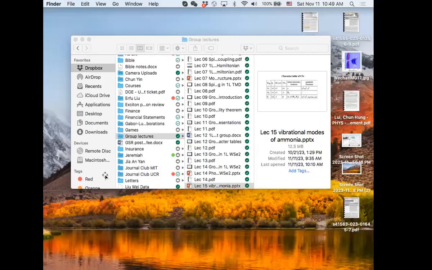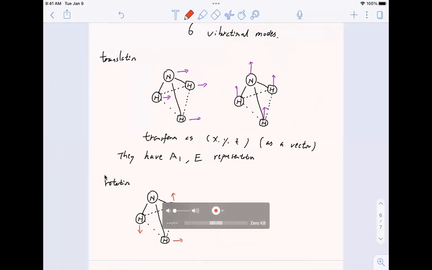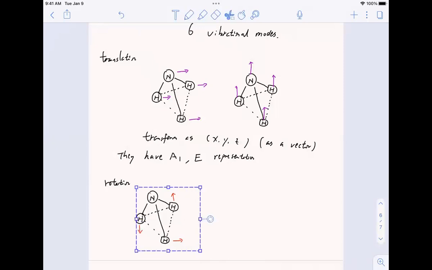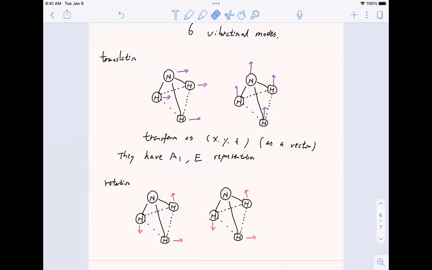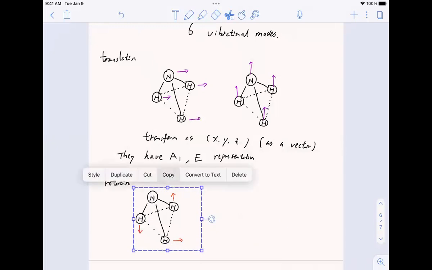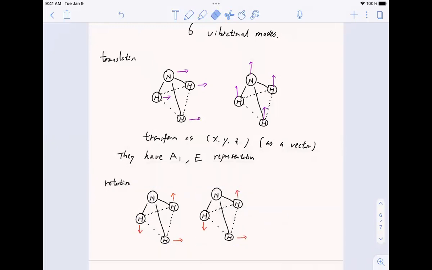Is it okay? You can have different modes. So you can have a rotation.